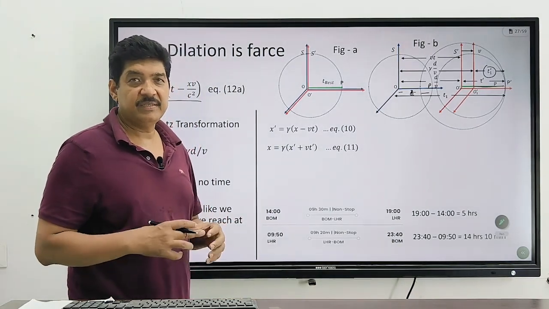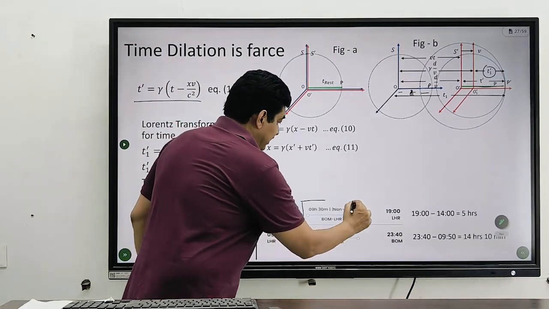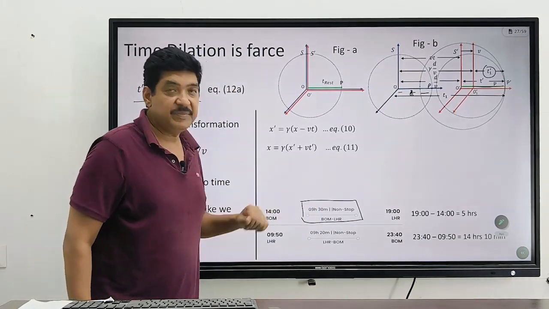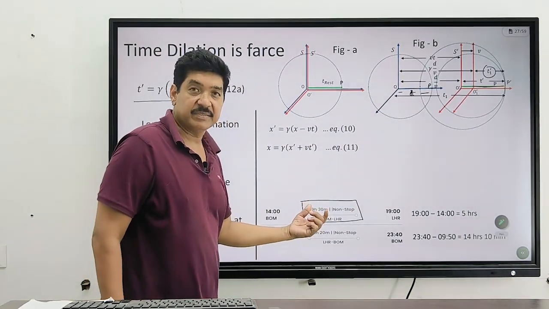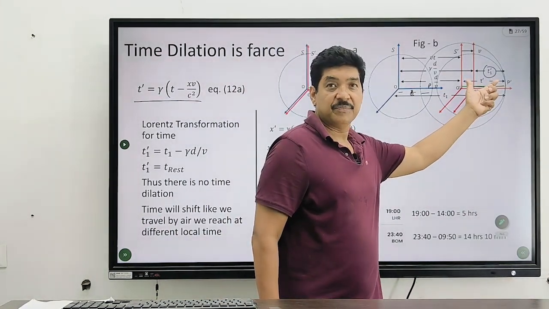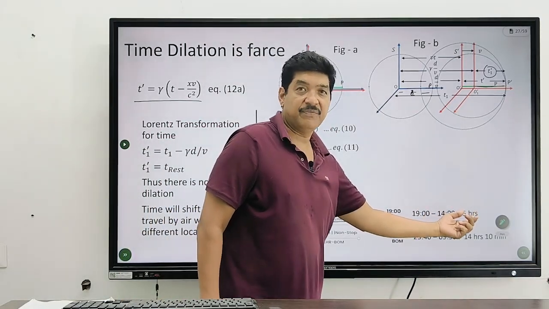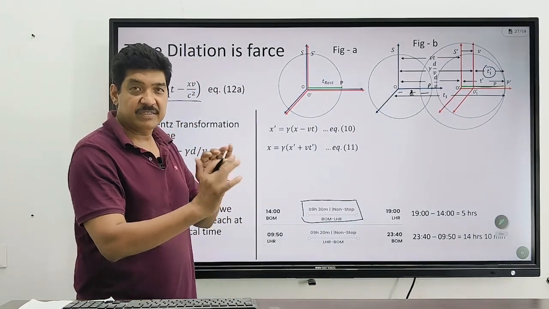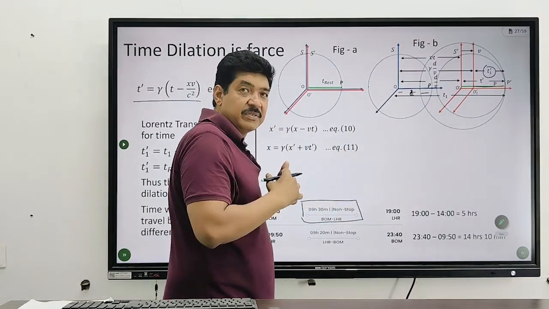So we may think it is 5 hours, but the flight has taken 9 hours 30 minutes. These are only local times, but the time duration is 9 hours 30 minutes. It is the same every time, but because of local time, we will find the flight has taken 5 hours. So this is shifting. It shifts one side, and while returning, it shifts the other side.